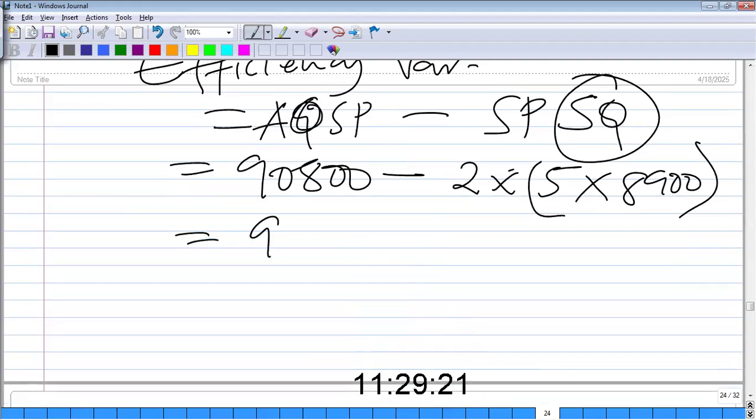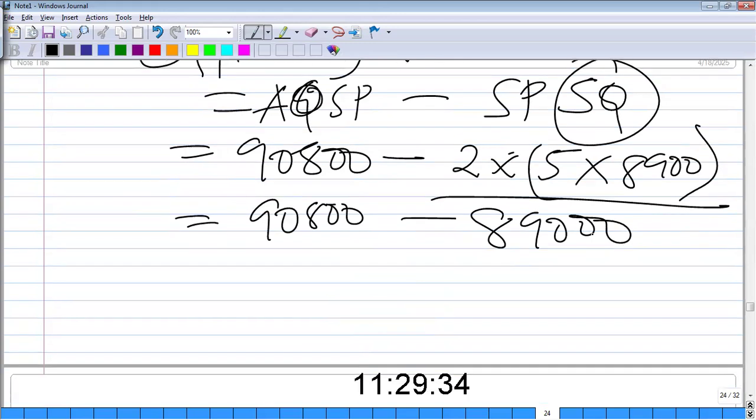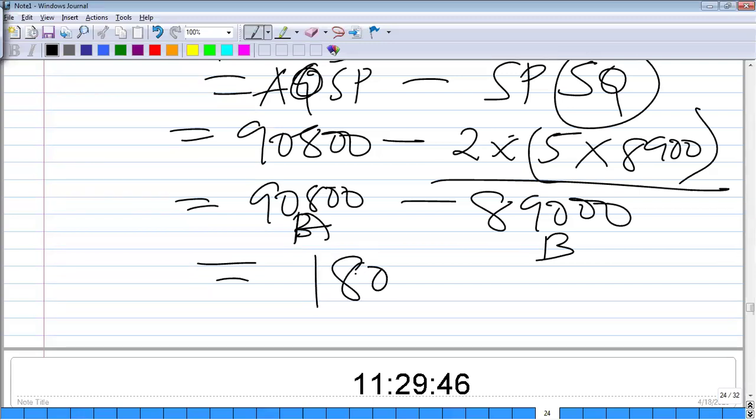So this will be 90,800 minus 89,000. So the total is 1,800. This is actual, this is budget. Is it adverse or favorable? Actual is greater than budget, so it's adverse.